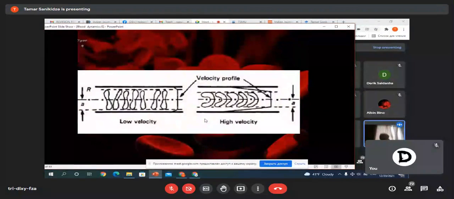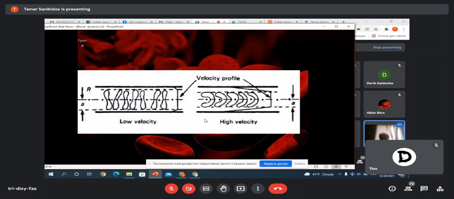A very important impact on the regulation of blood viscosity also comes from the velocity of motion of the erythrocytes. The higher the velocity of motion, the higher the friction forces influencing them, and the higher their deformability.